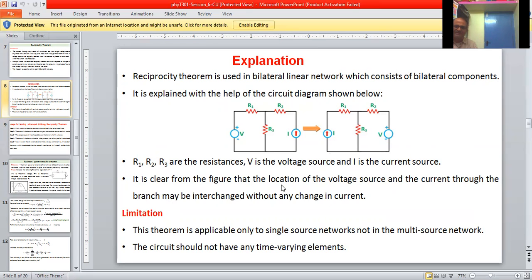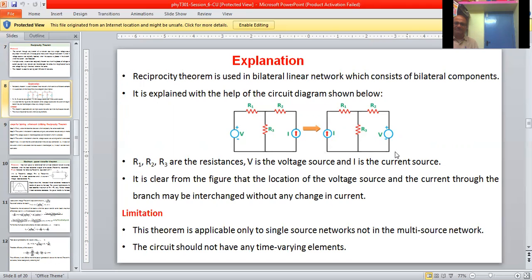Here I will explain the meaning of voltage source and current source. A voltage source is a two-terminal device which gives some fixed voltage irrespective of the load resistance. It is called the voltage source. A current source is again a two-terminal device which gives a variable current by keeping the voltage fixed.